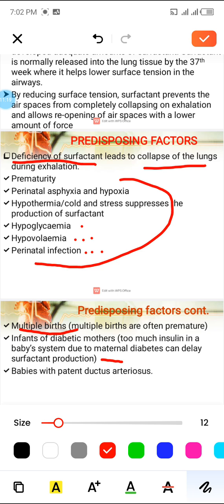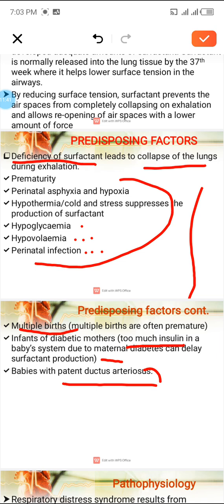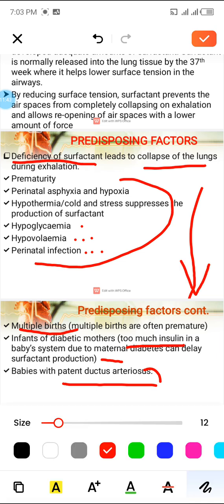The baby can look big, but it will have too much insulin, and then this will delay the production of surfactant. Then babies with patent ductus arteriosus, this is a heart condition, so they'll also have a delay in the production of surfactant, or they'll have insufficient surfactant. So all these factors have a reduction in surfactant production. So these are the factors that we have.